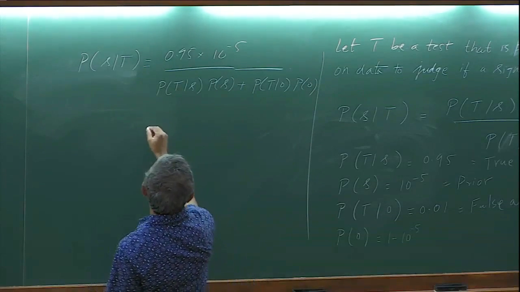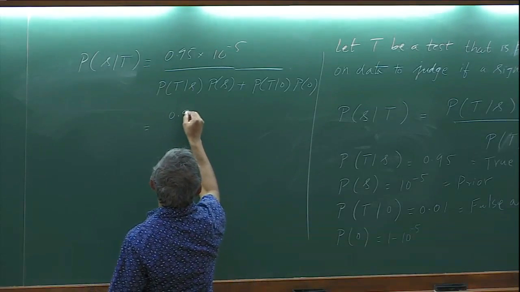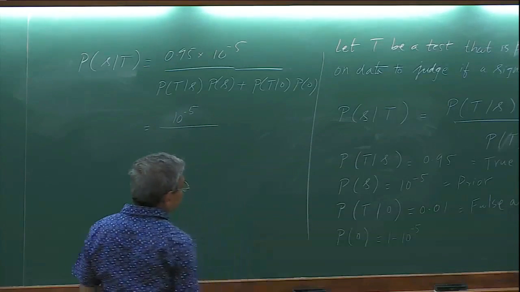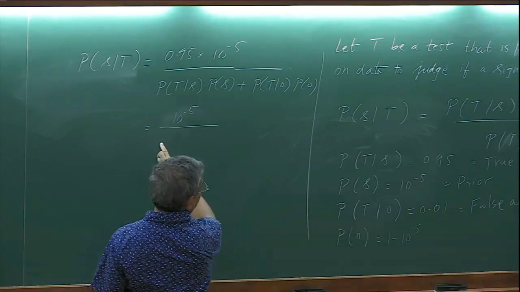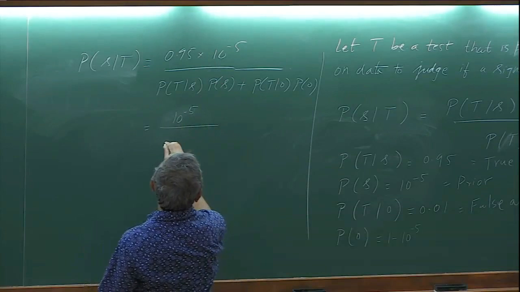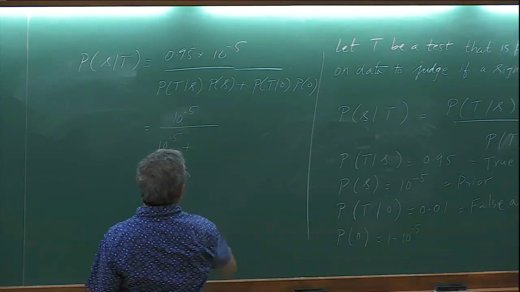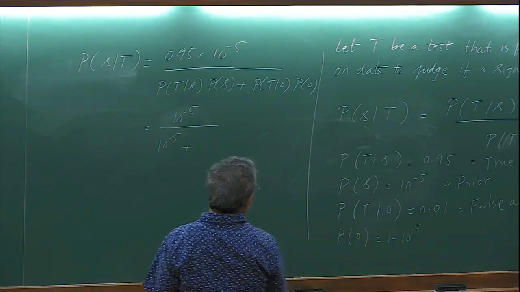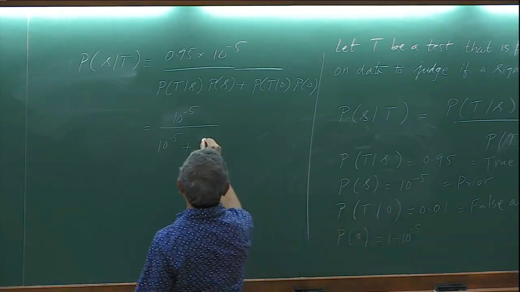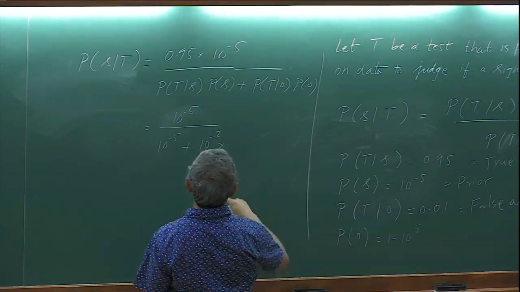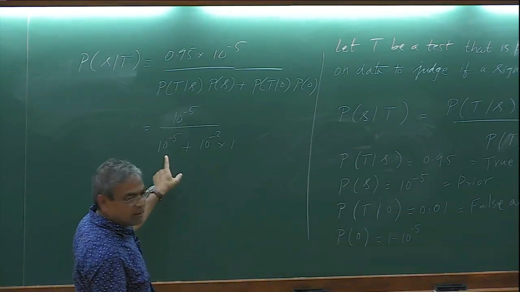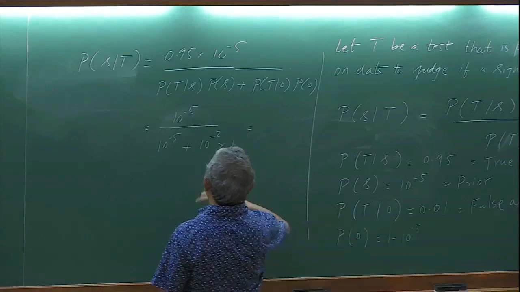So let's compute: 0.95 times 10 to the minus 5, divided by P of T given S, that's the same as that term, so it is 10 to the minus 5 plus, this is almost 1, P of T given 0 is 0.01, I'm sorry, 10 to the minus 2 multiplied by P of 0, which is 1. So this term dominates compared to that term. So I get 10 to the minus 3.